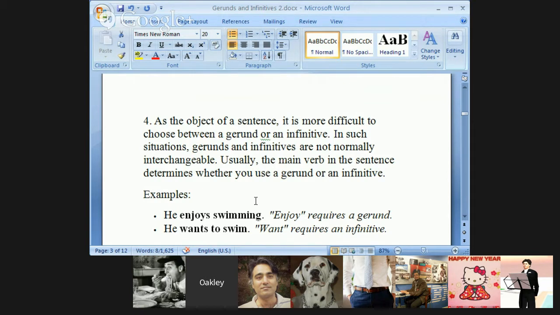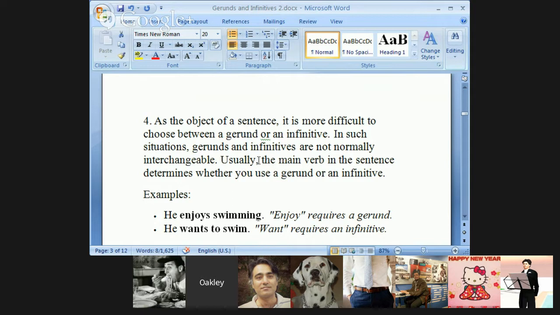There's other times where it can be an infinitive and only an infinitive. There are other times where it could be either and it does not change the meaning of the sentence. And then there are times when you can use the gerund or an infinitive, but it changes the meaning of the sentence. Okay, so let's take a look here.